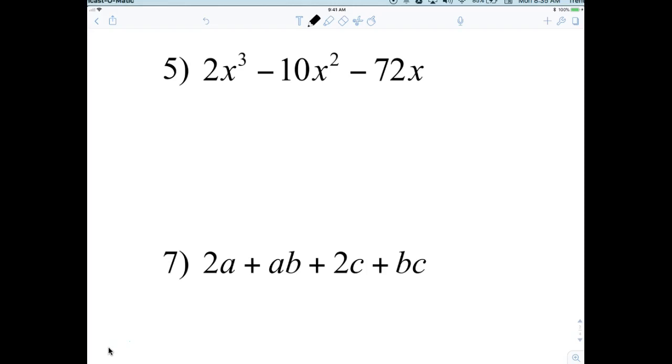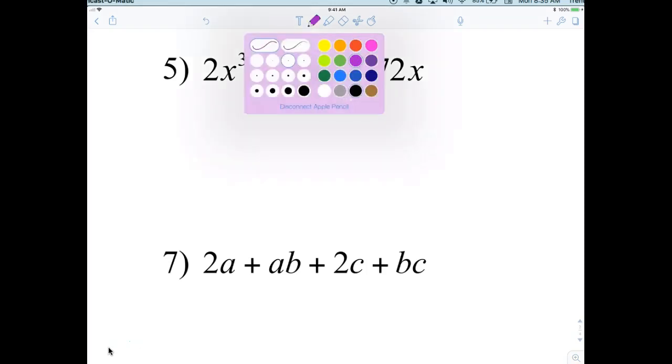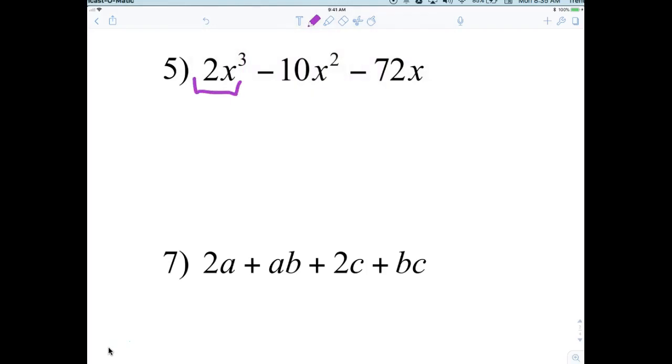I think it was helpful to think in terms of buckets. There's a common 2 in the bucket and a common x. If you want to, you can say I divide numbers and I subtract exponents.